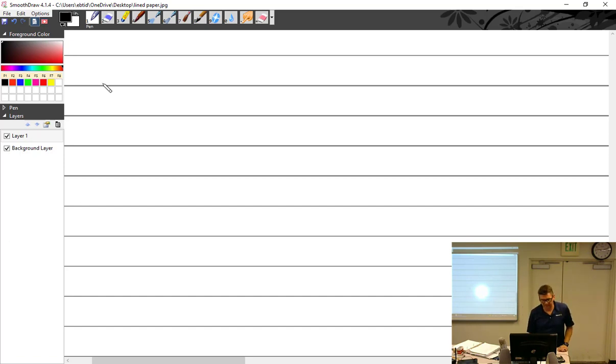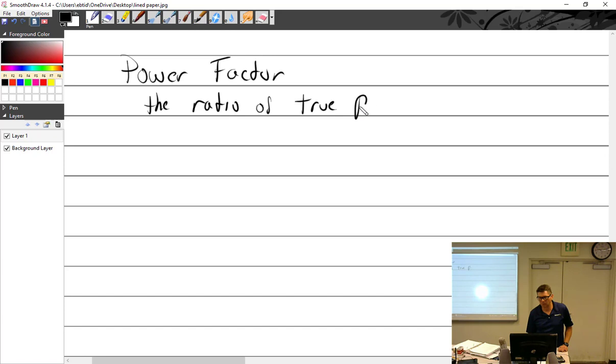Last thing is the power factor. It is the ratio of true power to apparent power.